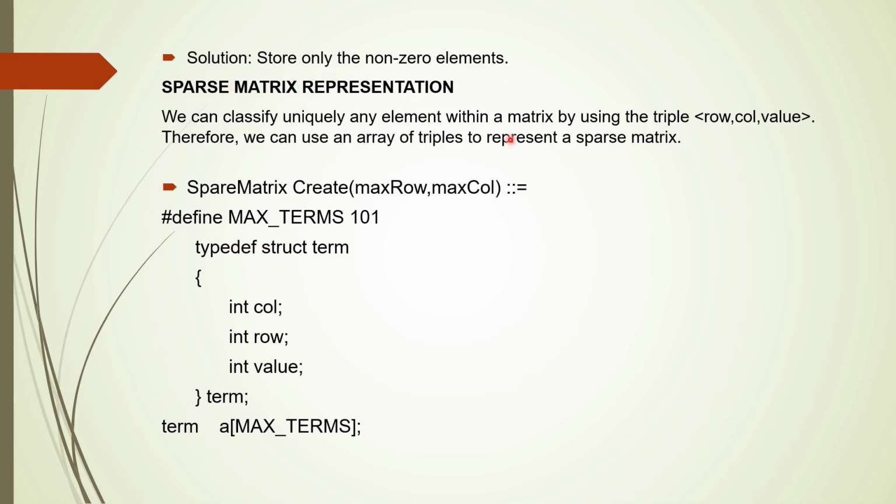Storing only the non-zero values can be solved by using the row column value method. Column is the number of columns in that matrix, row is the number of rows, and value means the non-zero elements, which are stored using row column value.